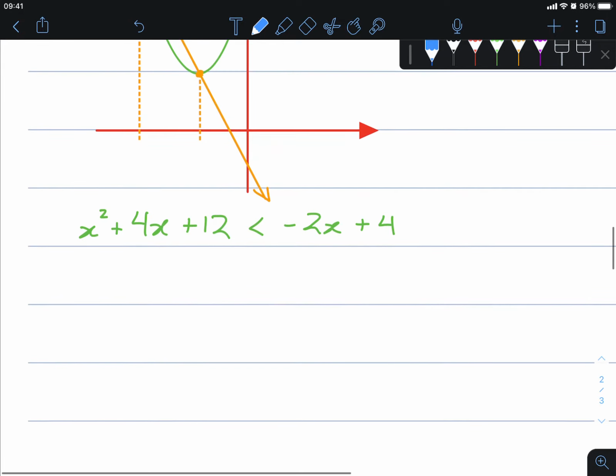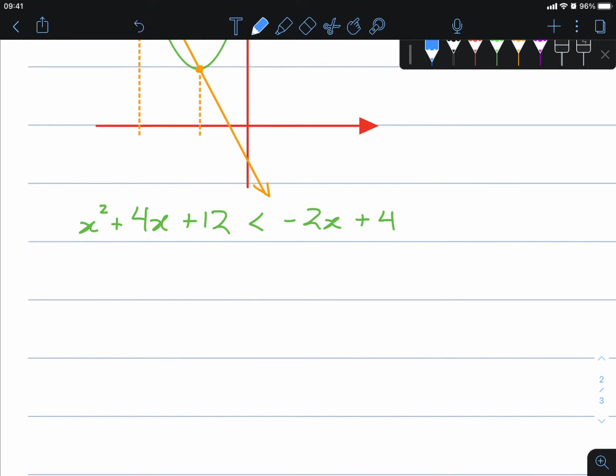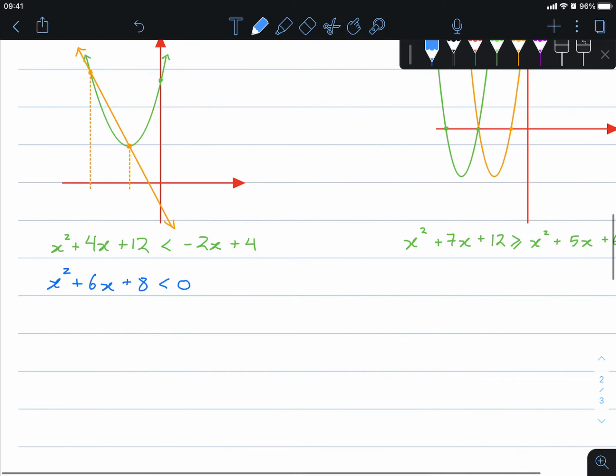So let's just solve as if this was a simultaneous equation. Moving everything to one side, we get x squared plus 6x plus 12 take away 4, which is positive 8, less than 0.